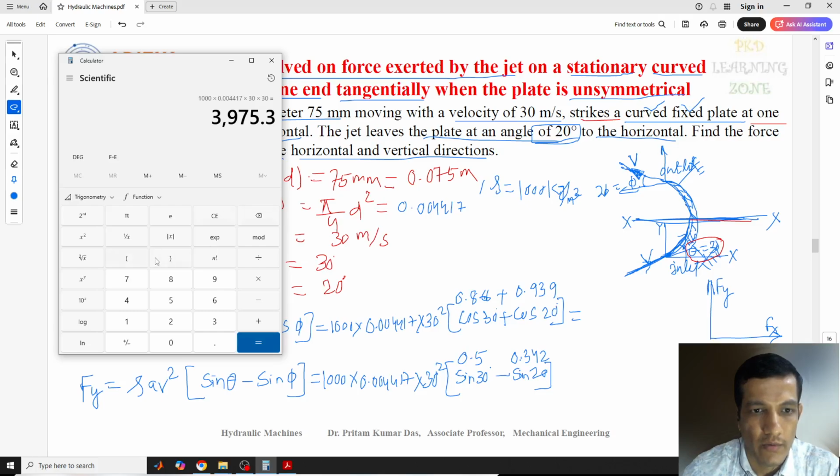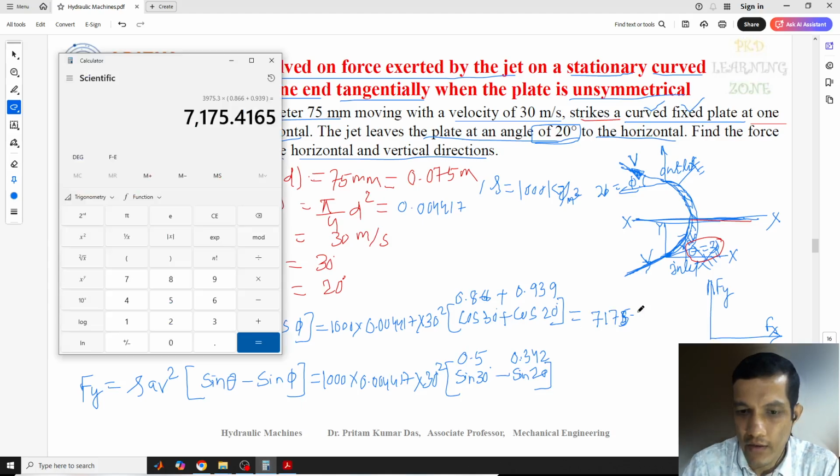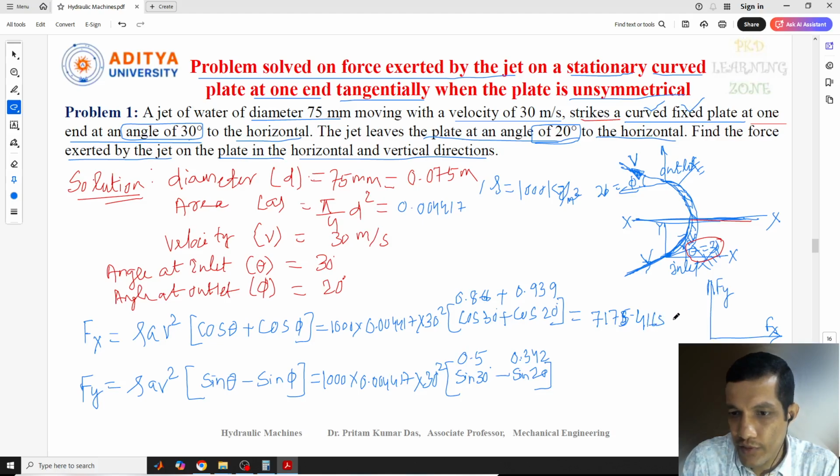Now into bracket, 0.866 plus 0.939, bracket close. Answer 7175.4165. So this much Newton is there.